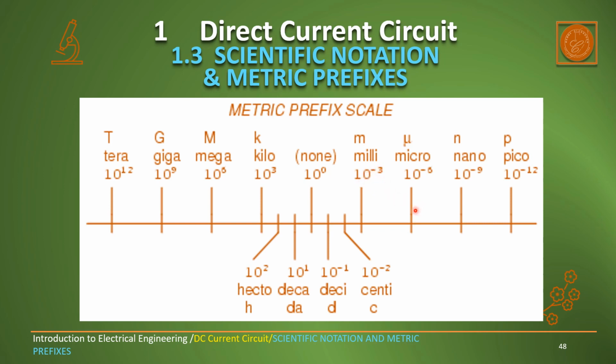And this one, we call micro, is 10 power minus 6, micro. And this one is called nano, is 10 power minus 9. And this one is 10 power minus 12, called pico. Use P, because this is M, this is mu, is N, the P.